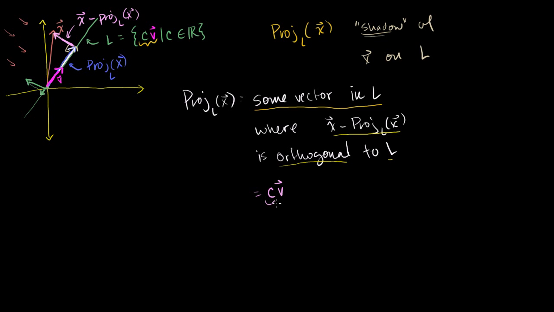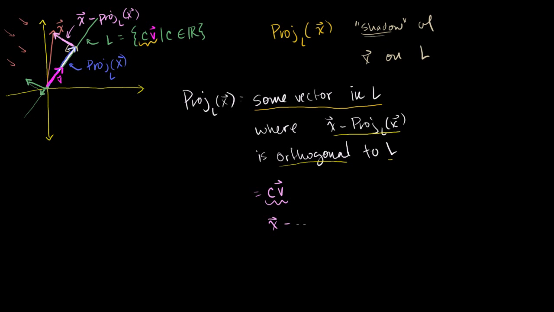Right? We can say that. This is equivalent to our projection. I mean, you could see it the way I drew it here. It almost looks like it's 2 times this vector.